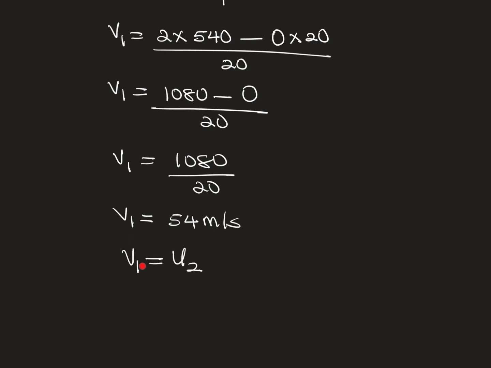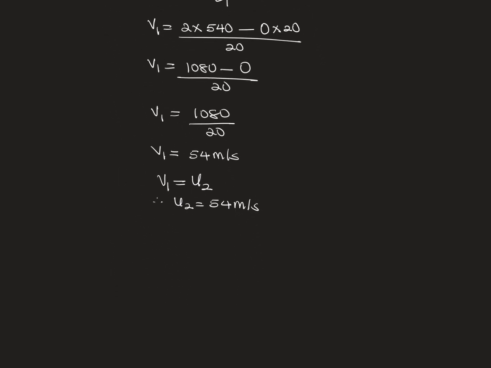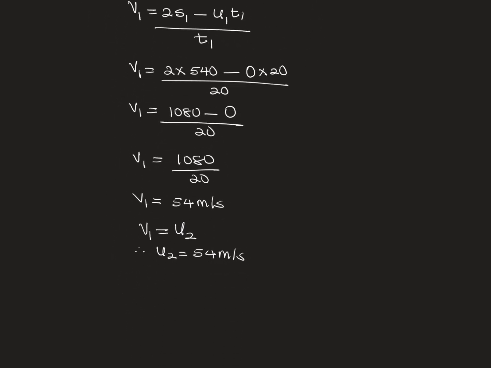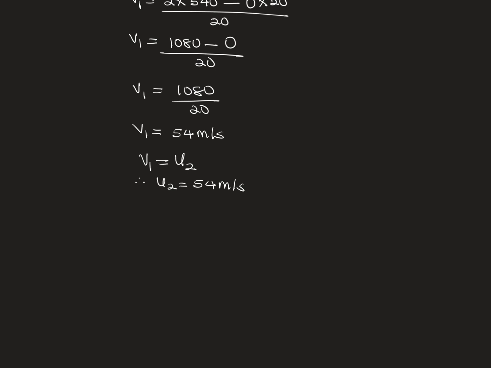The final velocity for the first event will be the initial velocity for the second event. All right, so therefore u2 is equal to 54 meters per second. For the second interval, let's move on to find the final velocity.